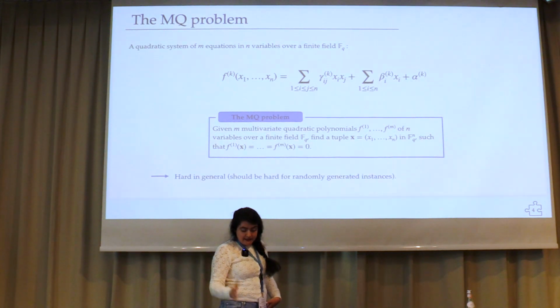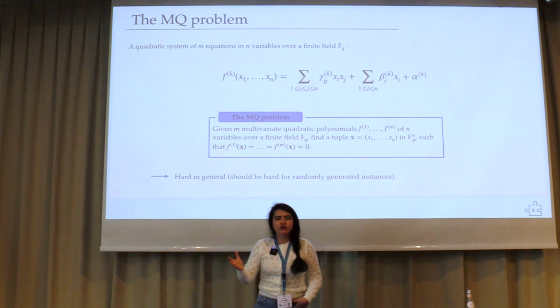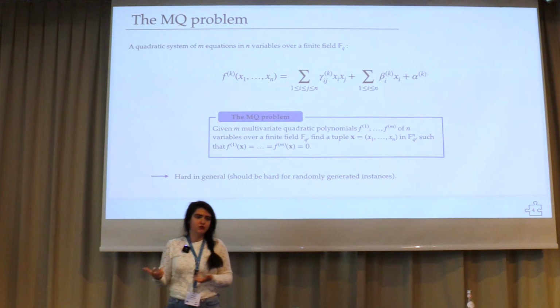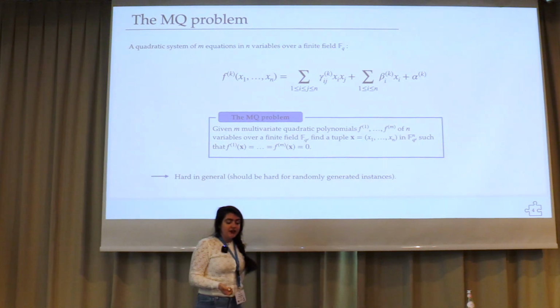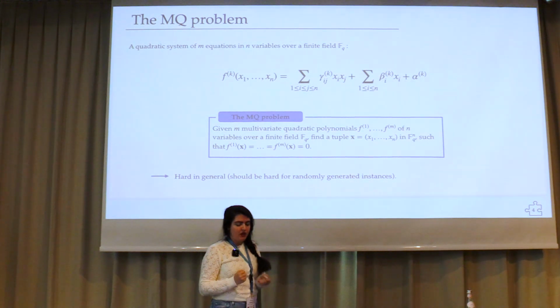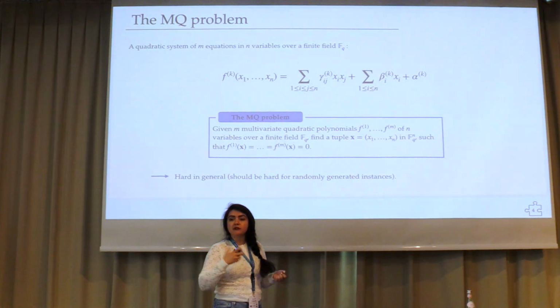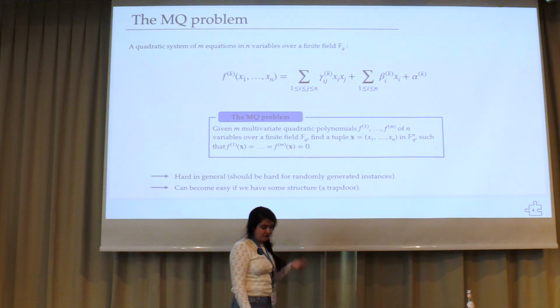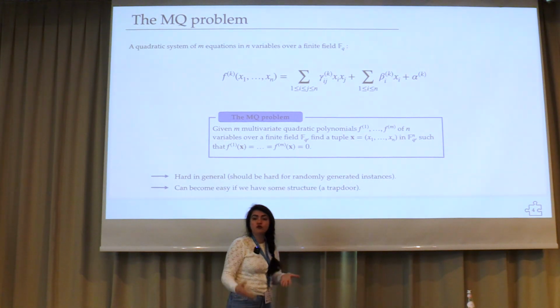And as I said, this is hard in general. If you take a random MQ instance, if you just randomly create your system, probably this will be a hard instance. But there are some instances of MQ, if you have a lot of structure, if not all monomials exist and so on, that can be easy instances.